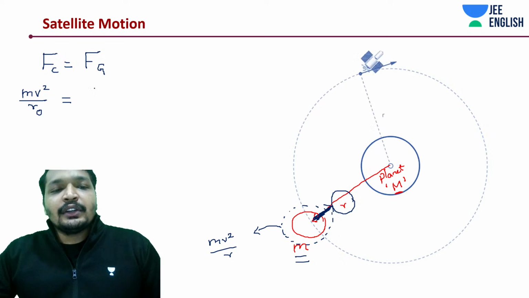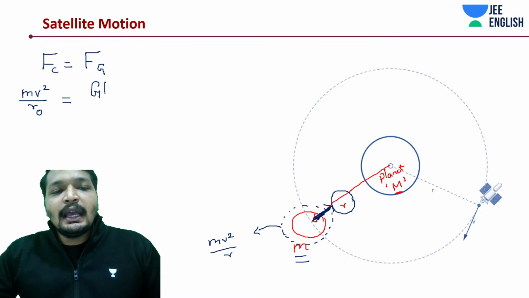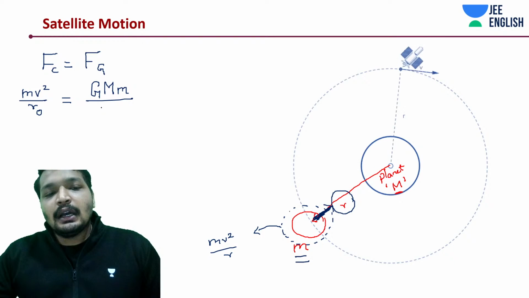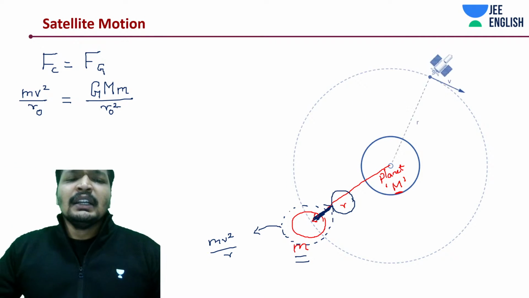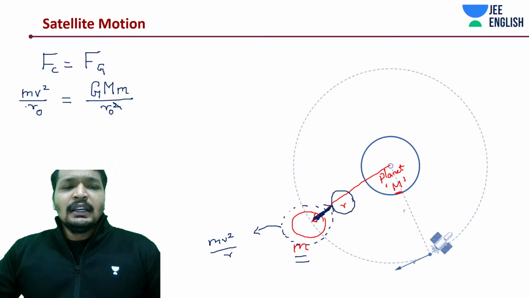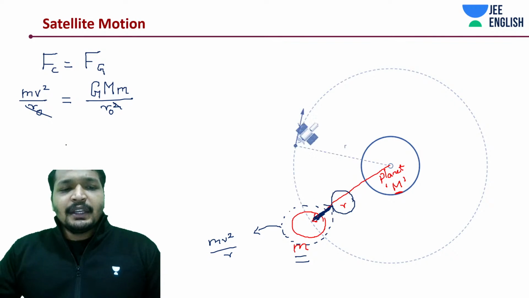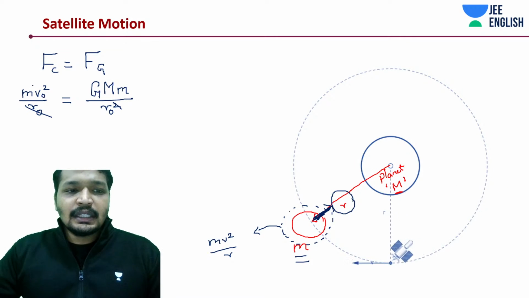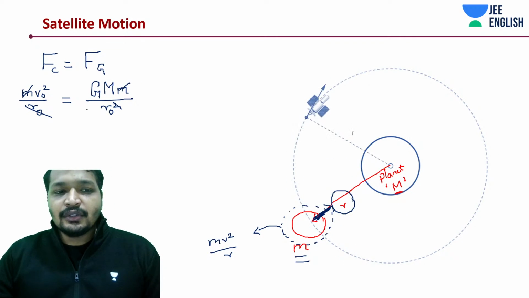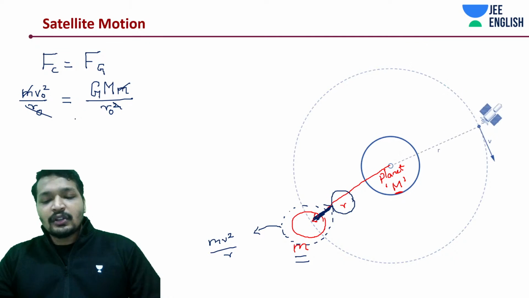The gravitational force is going to be GMm by r0 square, since it's at a distance of r0 from the center. It's a simple thing. From here we'll get the orbiting velocity, and small m is cancelled out, as you can remember.